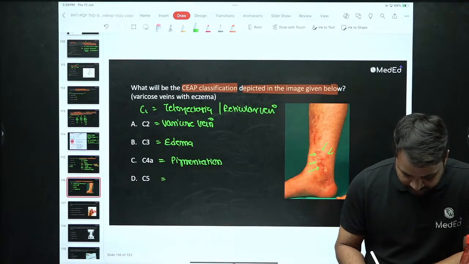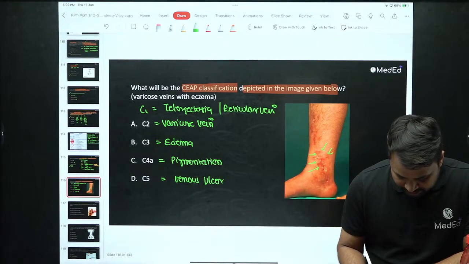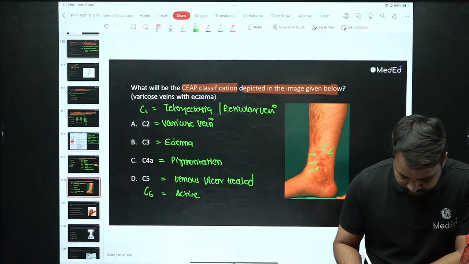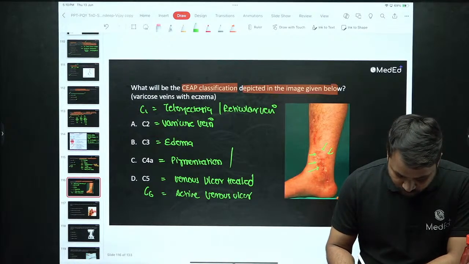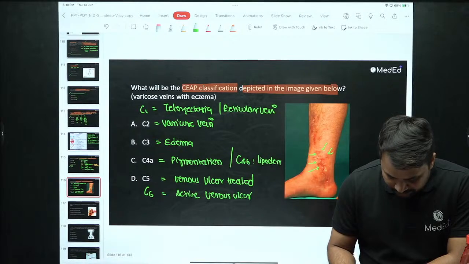What is C5? It is your venous ulcer, but this is healed. C6 is your active venous ulcer. C4b is going to be lipodermatosclerosis.